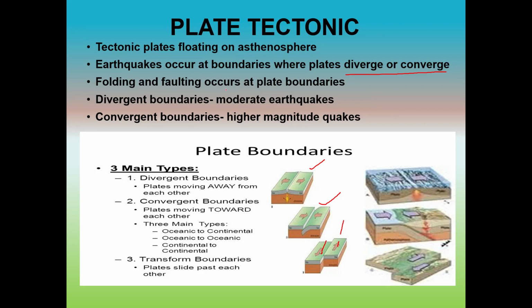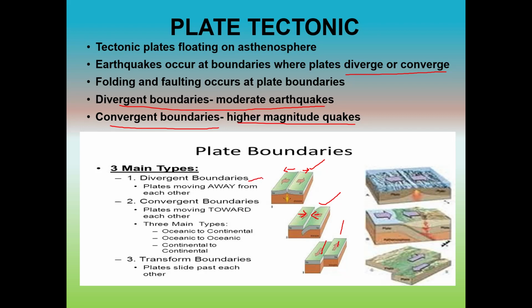Folding and faulting occur at these plate boundaries, whether the plates are moving away from each other or striking towards each other. Divergent boundaries give moderate earthquakes that take place slowly, whereas convergent boundaries give higher magnitude earthquakes.